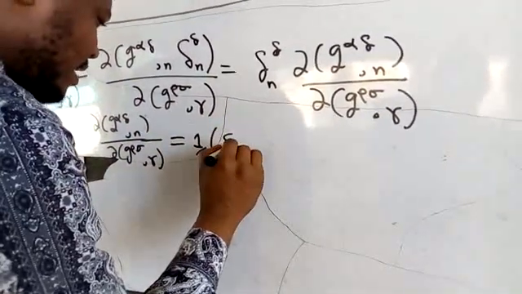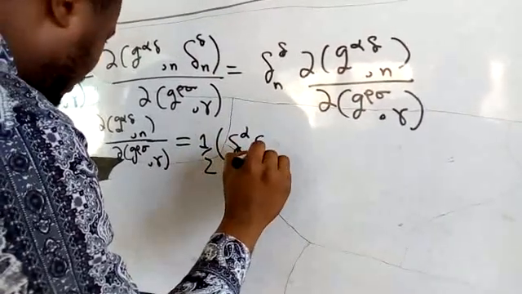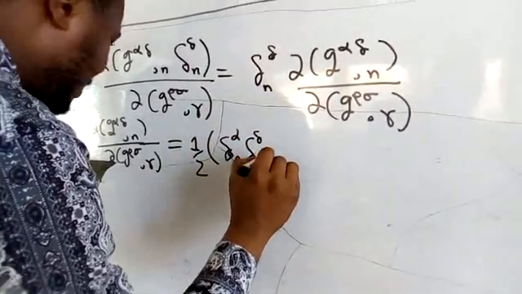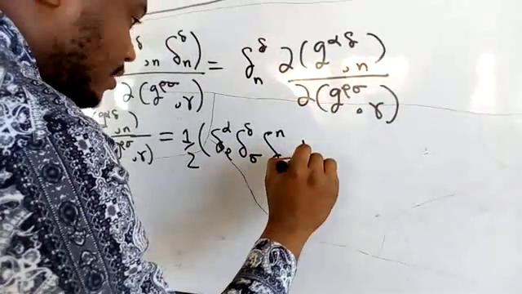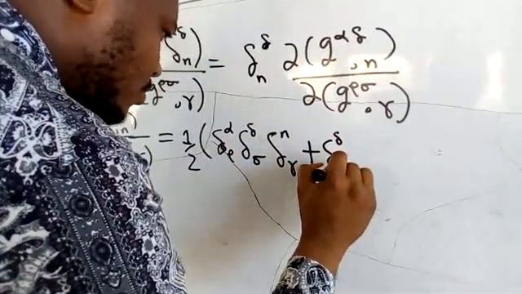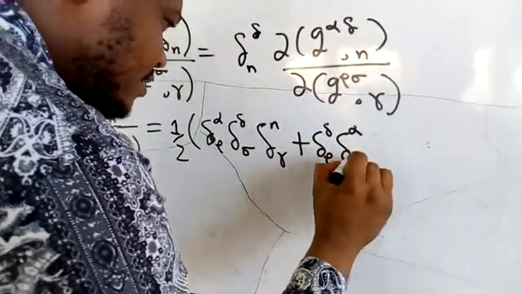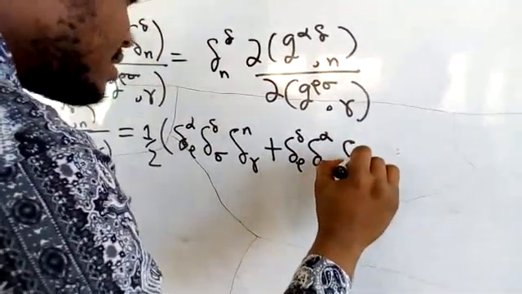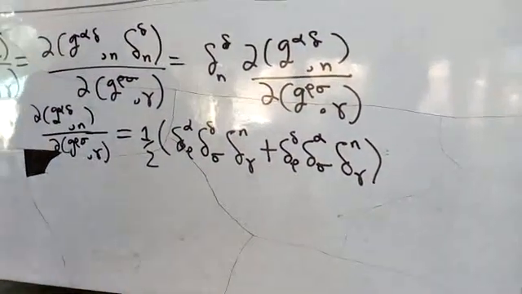So this is Kronecker delta alpha rho, Kronecker delta delta sigma, Kronecker delta n gamma. Now plus, I'm going to make an interchange. This is going to be Kronecker delta delta rho, Kronecker delta alpha sigma, and the last one is always the same, of course, because nothing moves or changes it. So this is what we should have again.